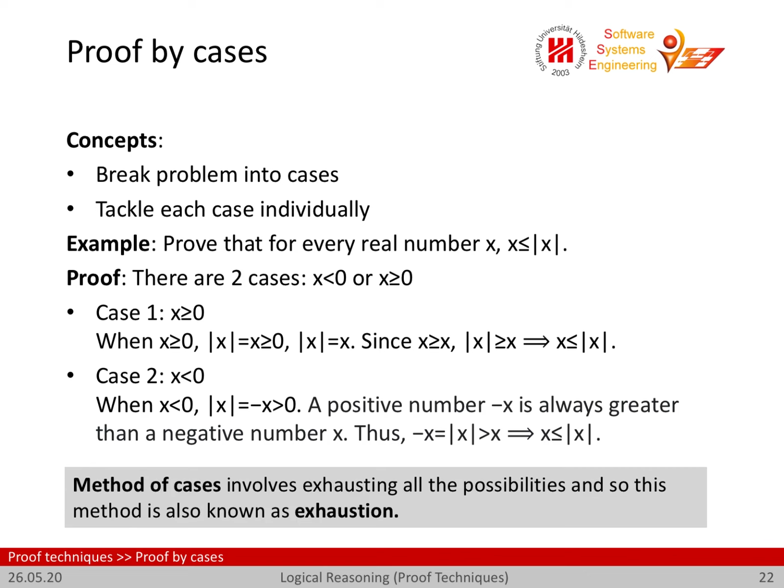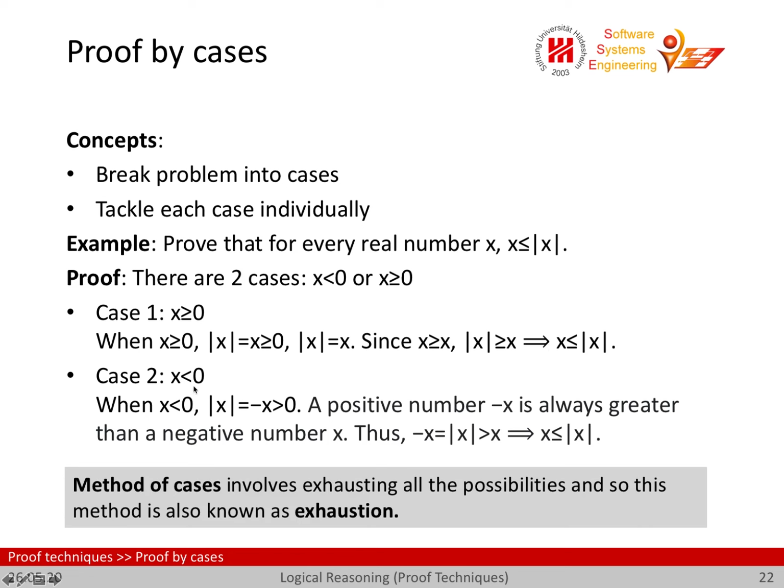If that is the case, then the absolute value of x is x, because that is already larger than 0. And in that case, this holds because x is equal to x, and therefore it's equal or larger than x.